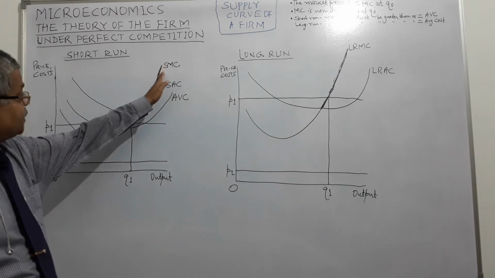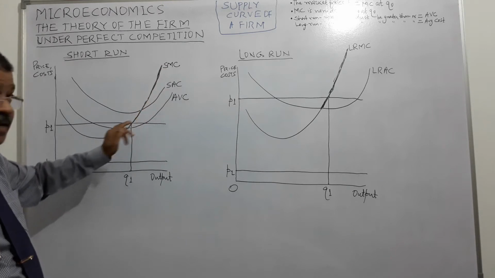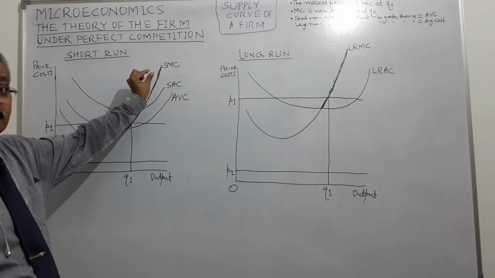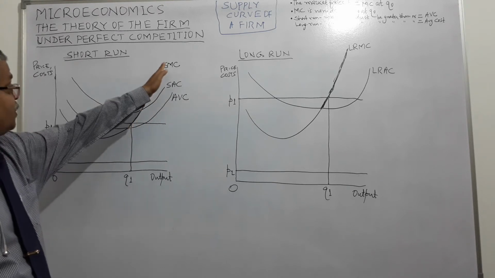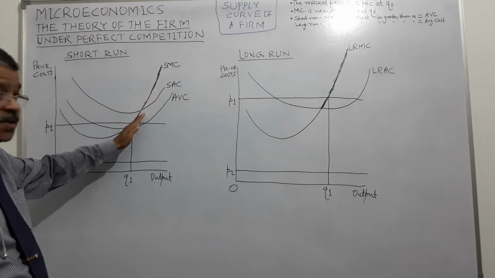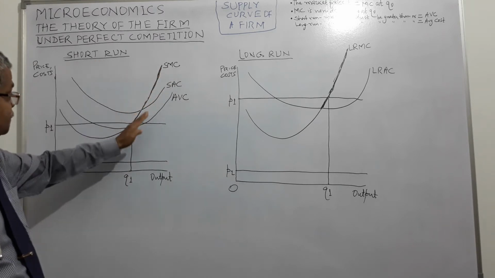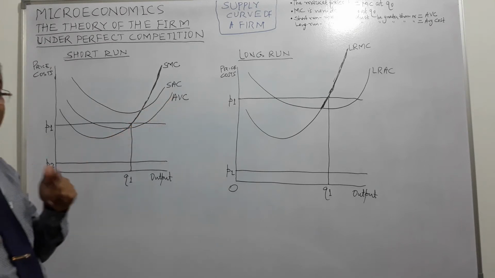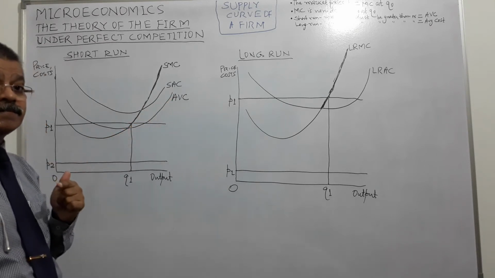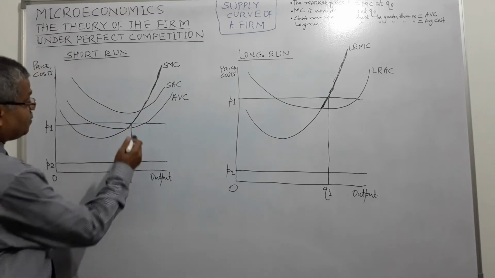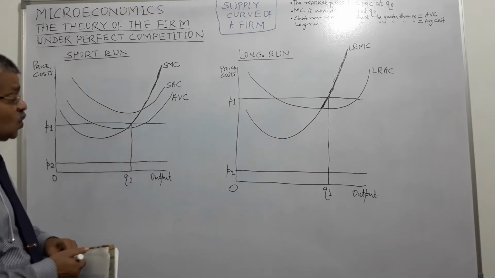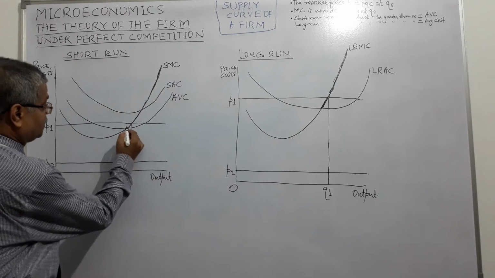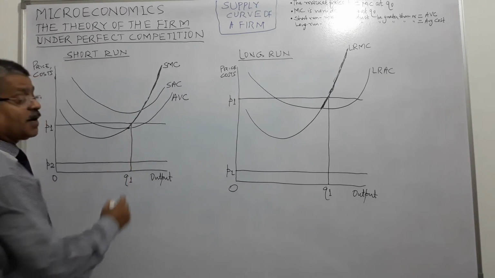We had discussed that the bold line is the short run supply curve. When we move down the short run supply curve, we come to a point where average variable cost is at its minimum. So that minimum level of the average variable cost becomes the shutdown point for that particular firm.